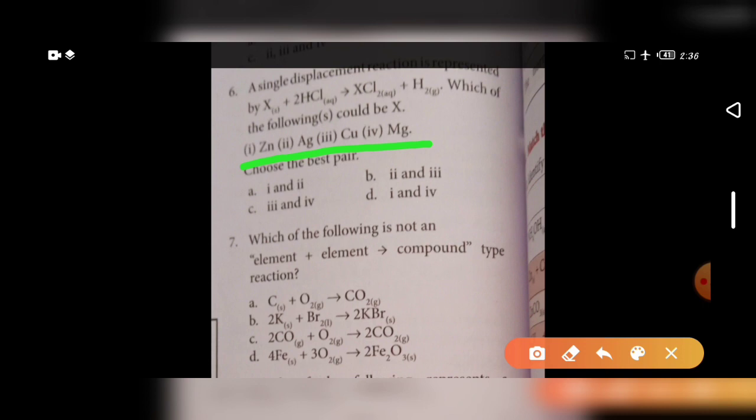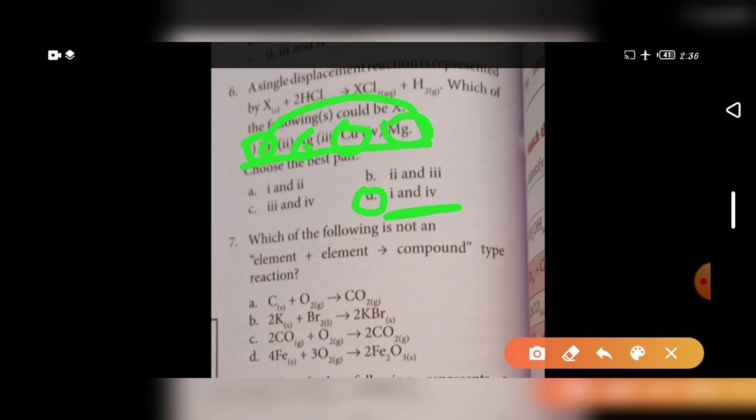Here the least reactive is silver, after that copper, after that zinc, after that magnesium. So the two more reactive are zinc and magnesium. So the option is D, that is 1 and 4 are the more reactive metals here. So in a single displacement, the more reactive pair is zinc and magnesium.